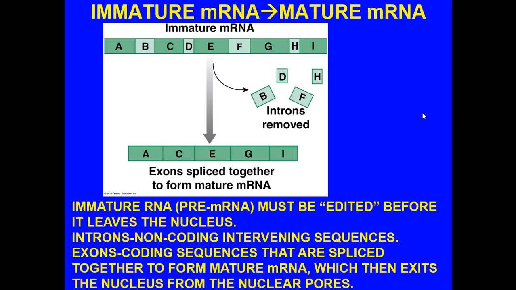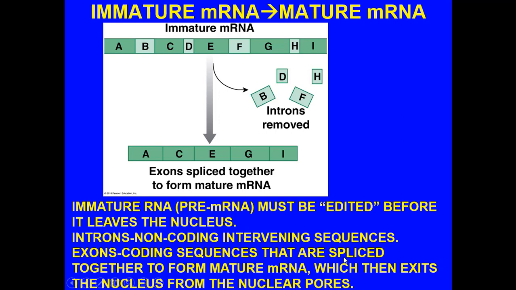This is where we get into an issue of removing introns and exons. This is a process that takes the messenger RNA that's still in the nucleus. They call it the pre-mRNA, and it's edited before it leaves the nucleus. In the editing, it removes the introns, which are in this lighter color here, B, D, F, and H. But at the same time, this particular cluster of little proteins will fuse together the parts that are retained, which are called exons.